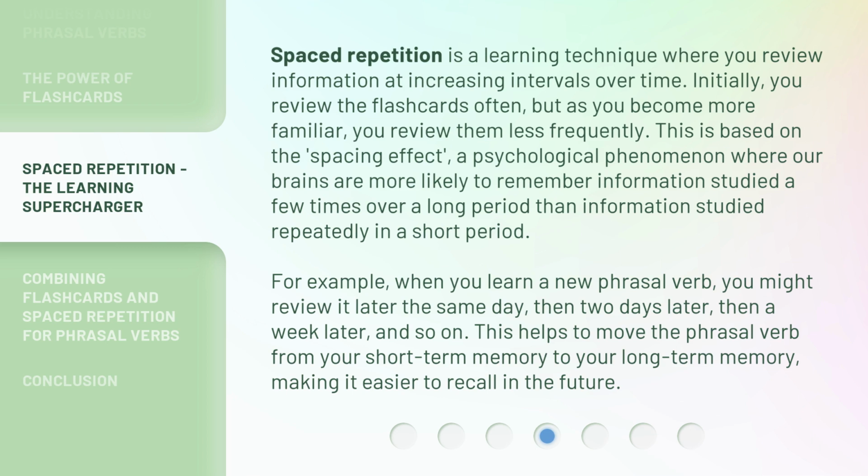For example, when you learn a new phrasal verb, you might review it later the same day, then 2 days later, then a week later, and so on. This helps to move the phrasal verb from your short-term memory to your long-term memory, making it easier to recall in the future.